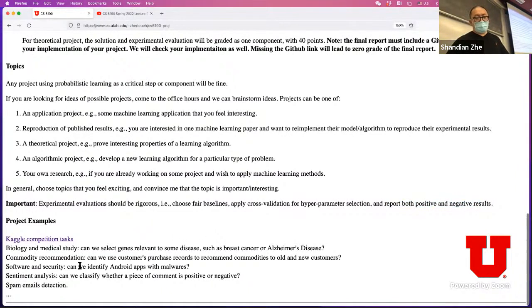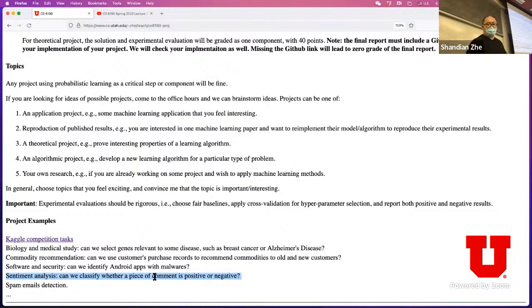And also there are other project examples we listed here, like biological and medical study, commodity recommendation, and software security, like how do you identify Android apps with malware? Sentiment analysis, right? Can you automatically detect people's preferences, say for president or whatever?